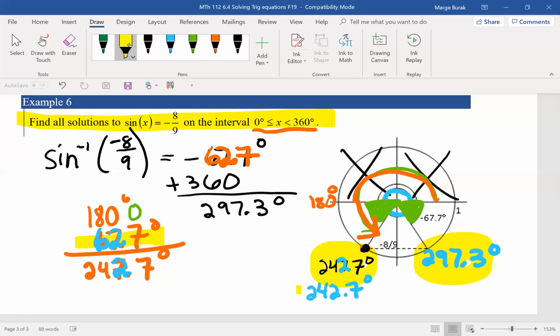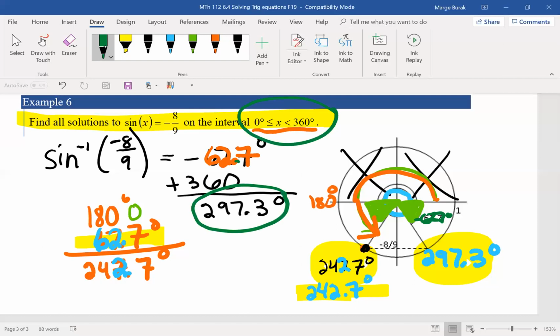I'm sorry for the confusion, but let's do a summary of this. We found sine inverse to be a negative 62.7 degrees. And this is the typo right there. Sorry about that. That was from the textbook. Apologies. Then, because it's negative, we added 360 degrees to get our angle between 0 and 360.